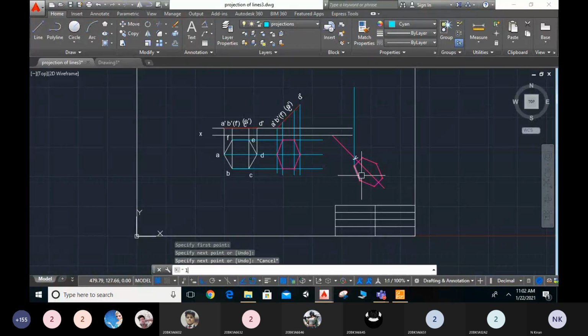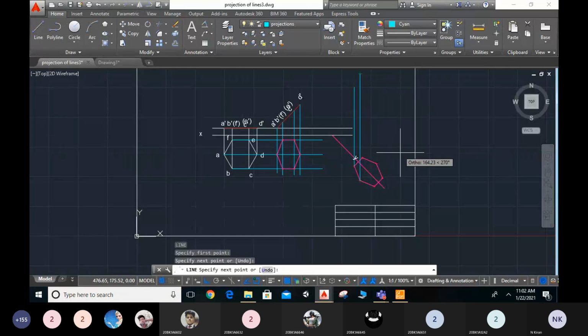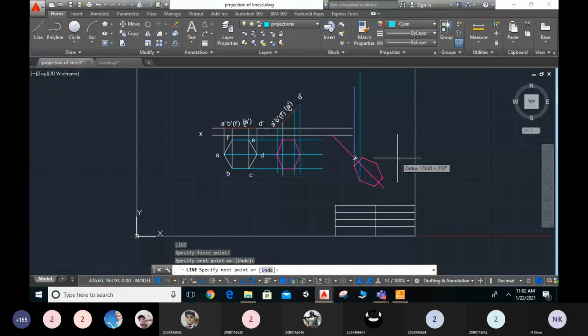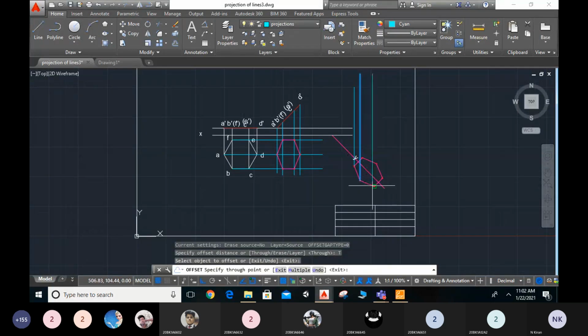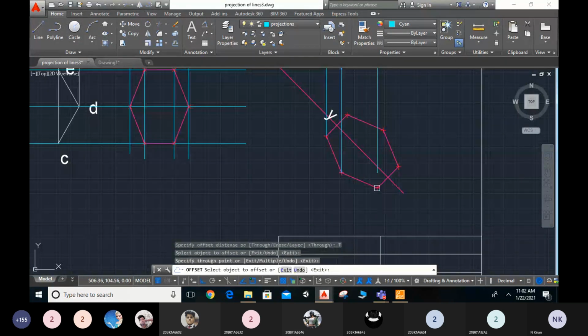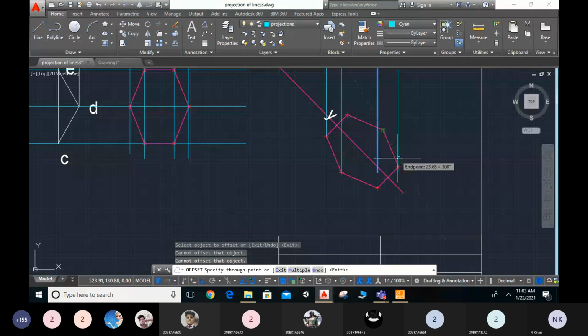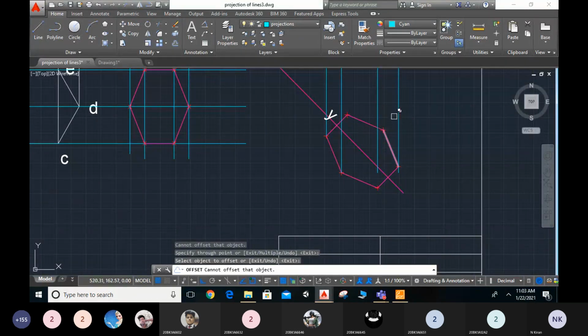Escape. L enter. Like this I will project, and offset. By offset also you can do this. O enter, offset, and I will select through, and I will select this line, and here, and here, and here.